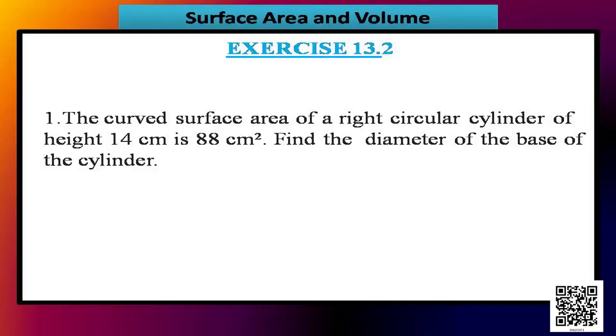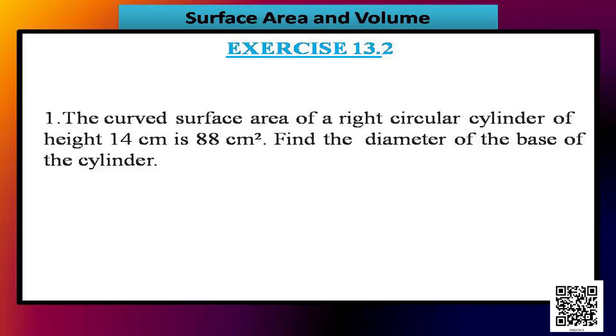Let us now solve question number 1. It says the curved surface area of a right circular cylinder of height 14 centimeter is 88 centimeter square. Find the diameter of the base of the cylinder. Let us now solve this.